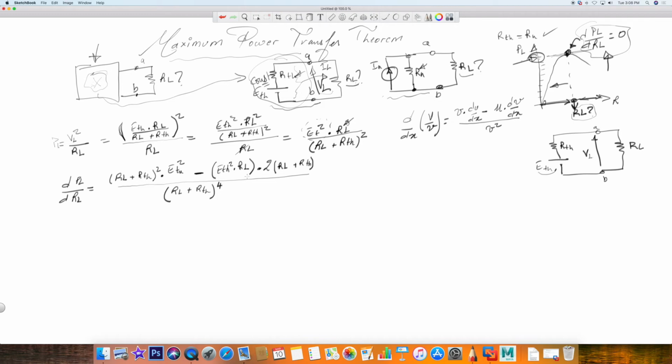Good. Can we factor out ETH squared? The answer is yes.